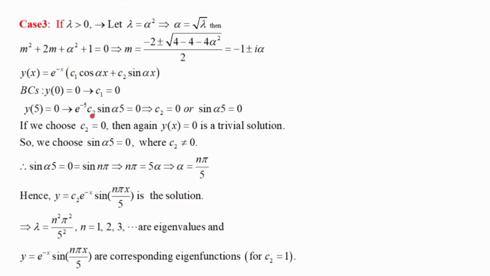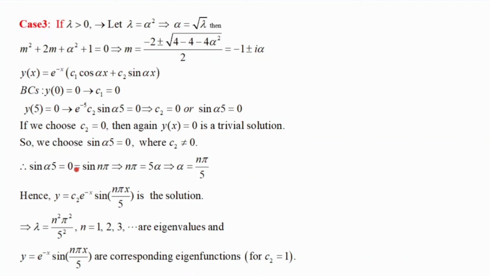That means we get C2 equals 0 or sin alpha 5 times e power minus 5 equals 0. Because e power minus 5 never becomes 0, sin alpha 5 equals 0. Here we cannot choose C2 equal to 0, because then we also get the trivial solution. That's why we choose sin alpha 5 equal to 0.